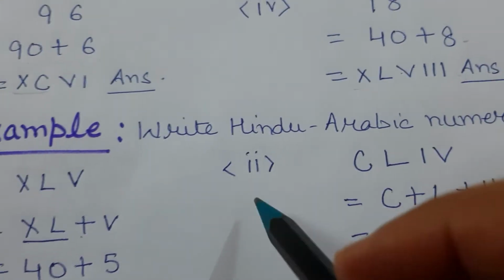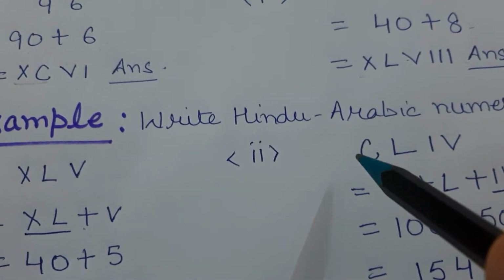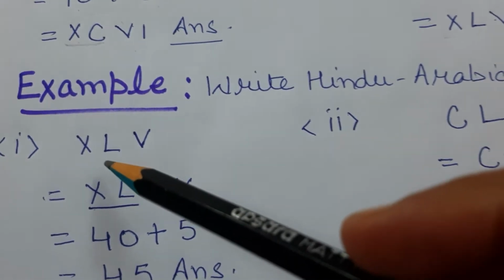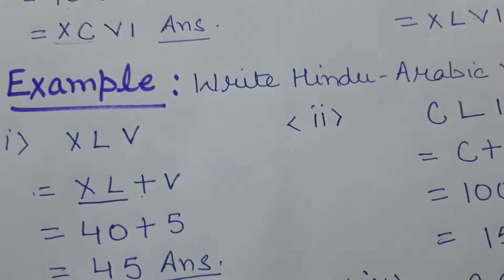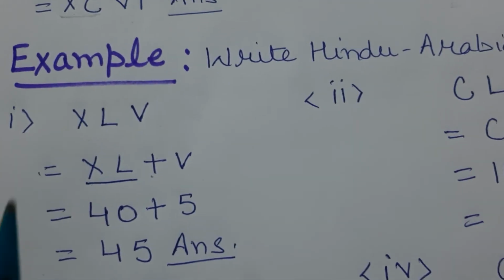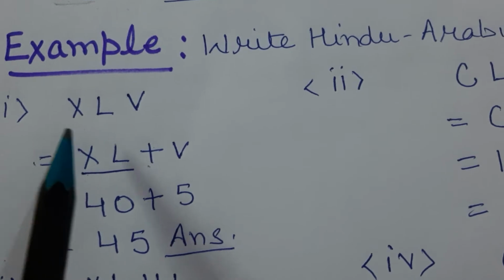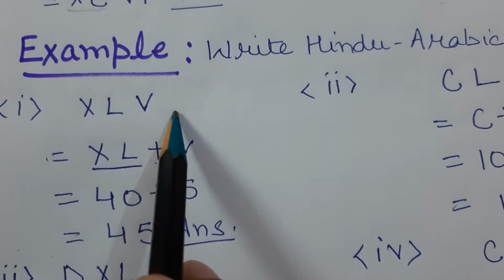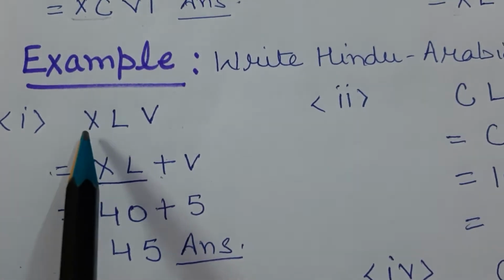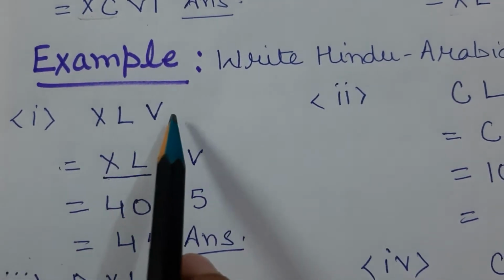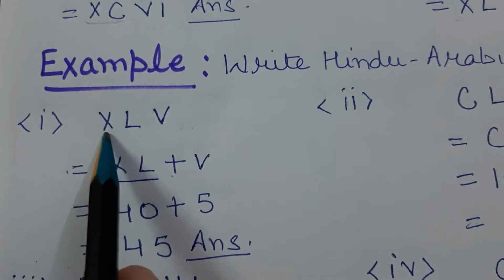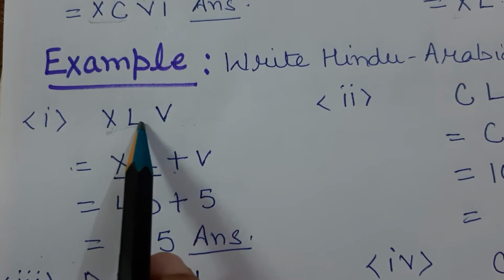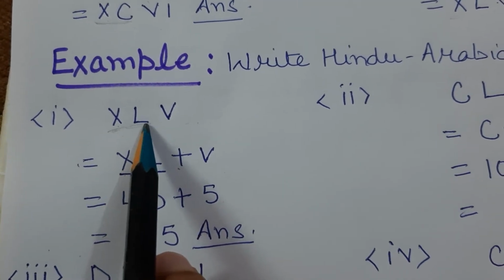Now we will write Roman numbers into Hindu Arabic numbers. So first is XLV. Students, you have to see whether all the symbols are in descending order. This is 10, this is 50, this is 5. This 10 is not in order, which means subtraction is happening.